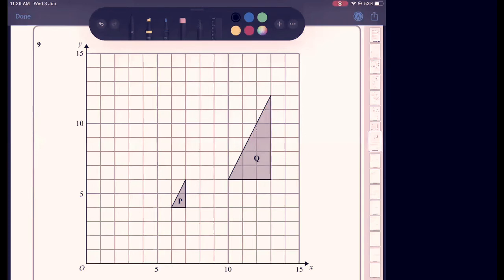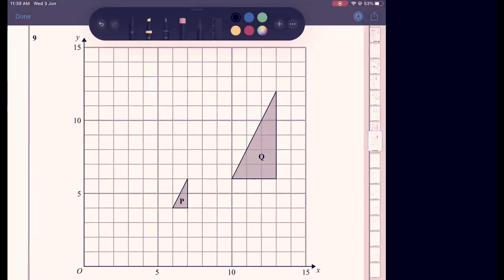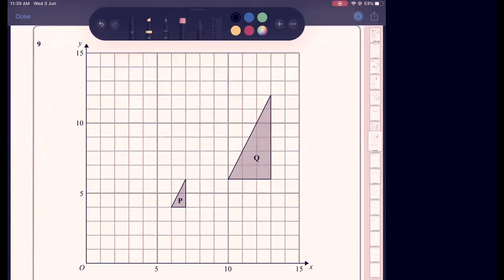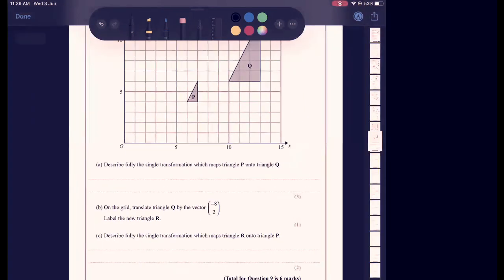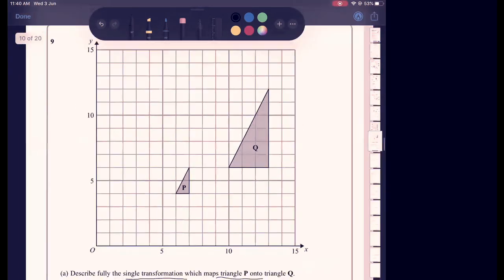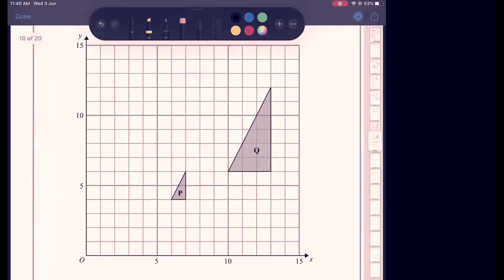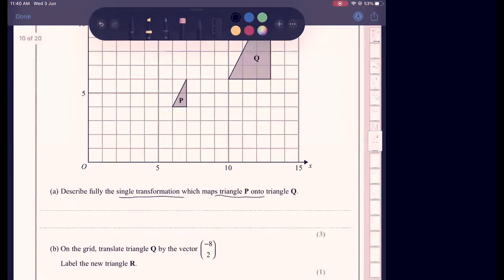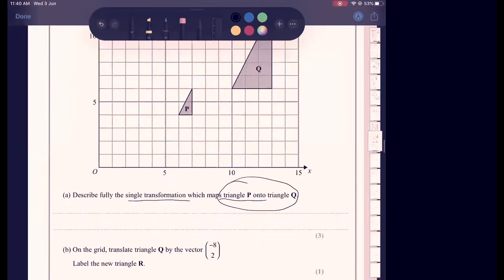Okay, so question number 9. Describe fully the single transformation that maps triangle P into triangle Q. From this, it's very clear that this is an enlargement.